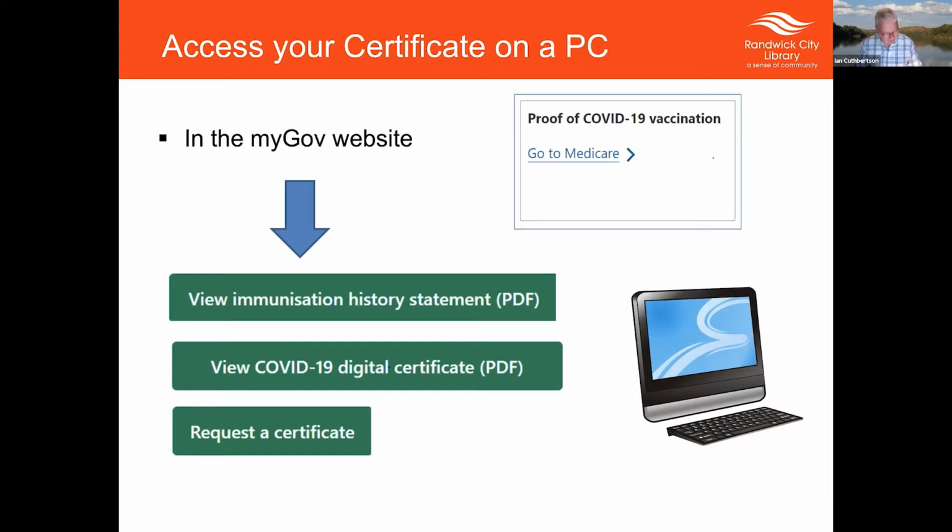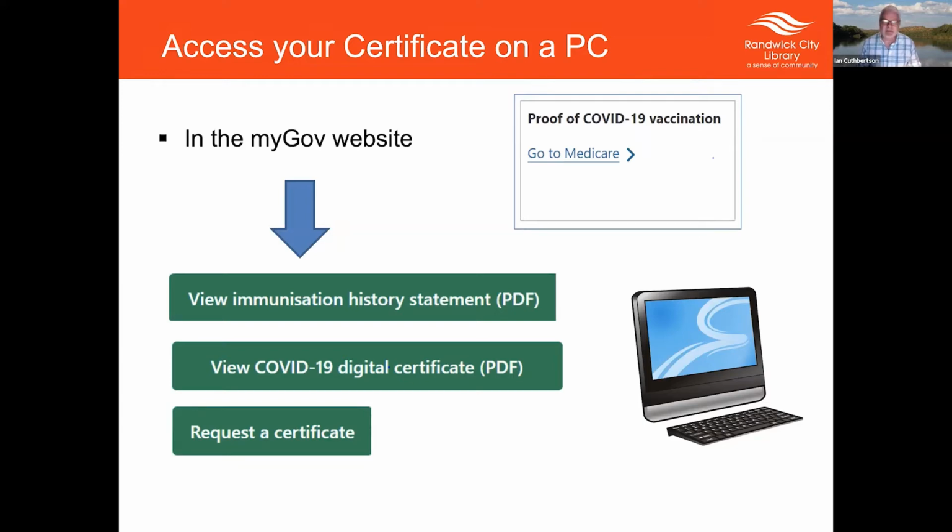View the immunisation history allows you to see all your vaccinations, including influenza. View the COVID-19 digital certificate allows you to open the PDF, print it out, save it to your computer. Request a certificate allows you to request your passport details to be added to your certificate for international travel. This will allow immigration services in destination countries to scan the QR code on your certificate, which is linked to your passport to verify that it's you.